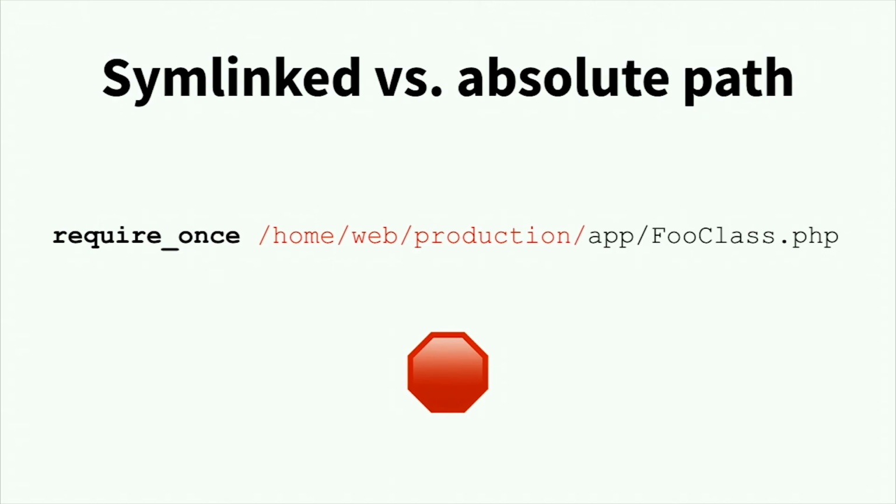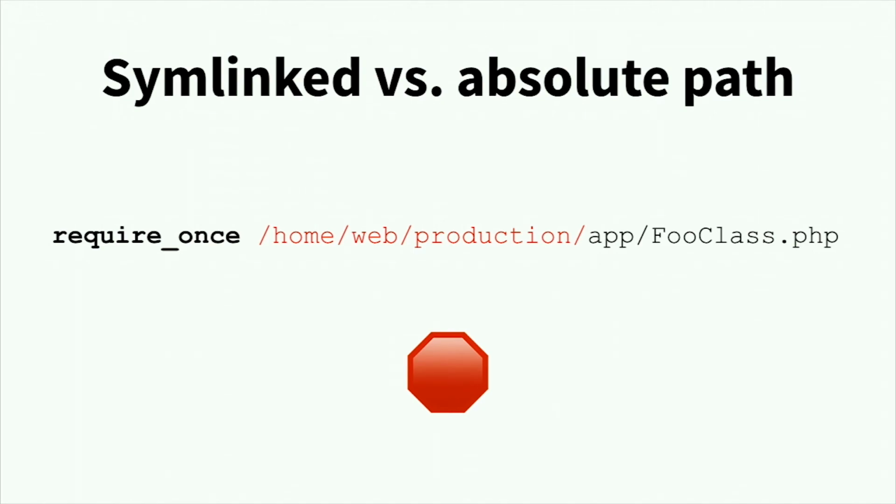There's a catch, because by default the symlink path is not resolved. So our PHP code actually sees this, or your autoloader. So if there's a request handled in the middle of your deploy, it might load a different version of your file than intended.